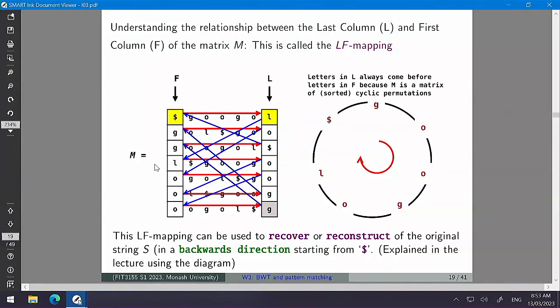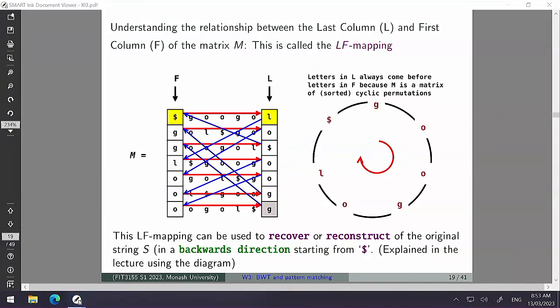It's a shame that I can't write on this. Okay, fair enough. So that's position 4.